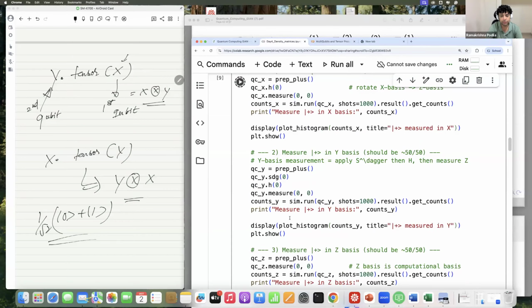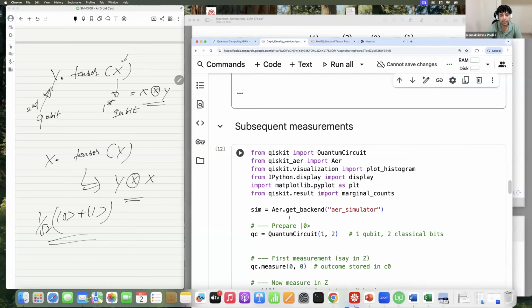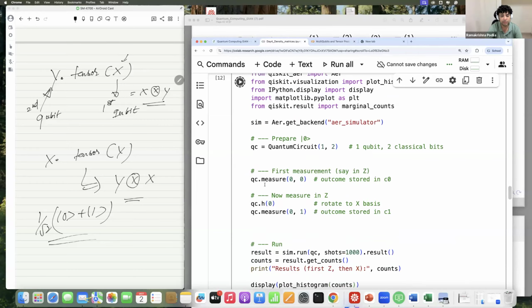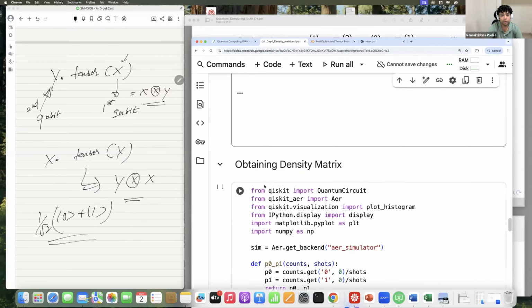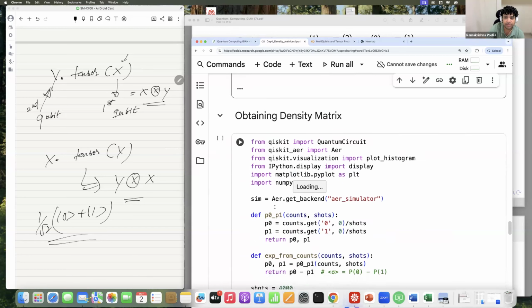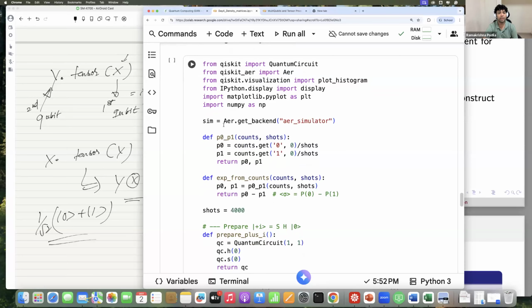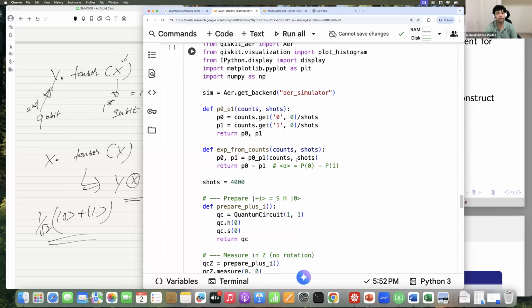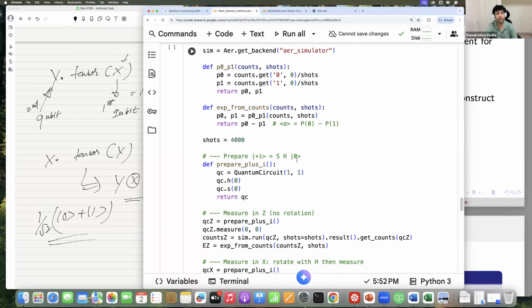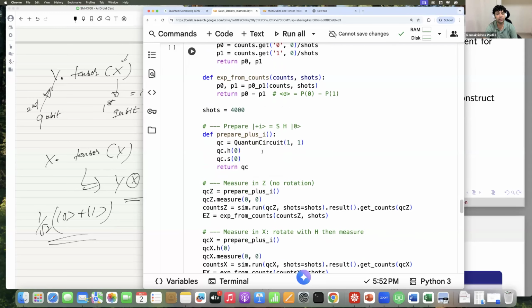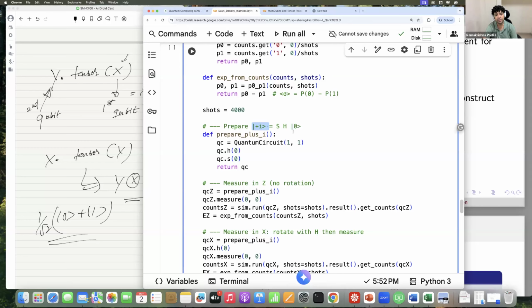So I want to show you how we are getting the density matrix. We saw the subsequent measurements. Now I want to obtain the density matrix by measuring things. We are simulating this, so we start by preparing a state which is in 0 and 1, the plus state, and we're going to do 4,000 shots.